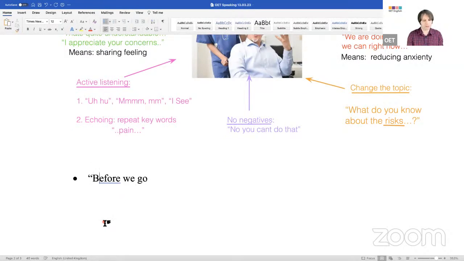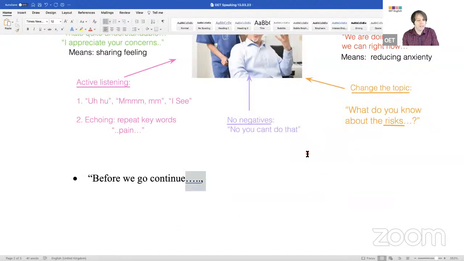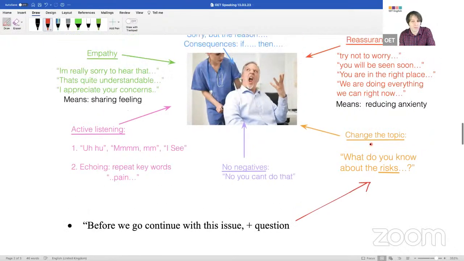Before you continue to complain a lot. So I think that's a sort of topic change. It's a very good way to do it. So before we continue with this issue, you could say, for example, and then plus a question. I'm not trying to say that this is the only possible way, guys, but I can't think of any more. I think these 6 are probably the good ones for us to check this week.